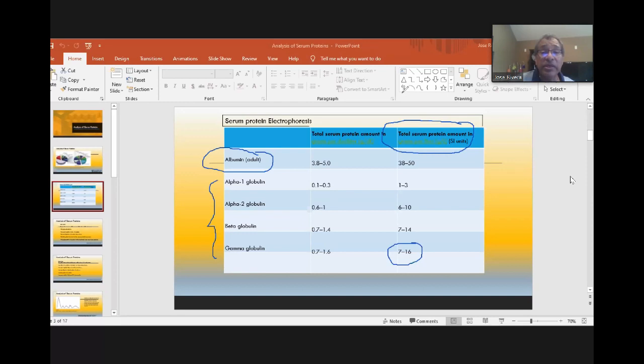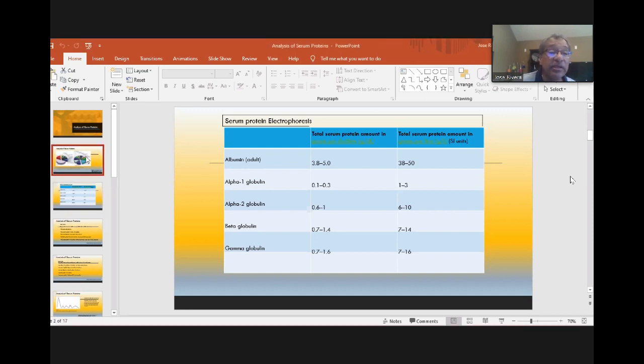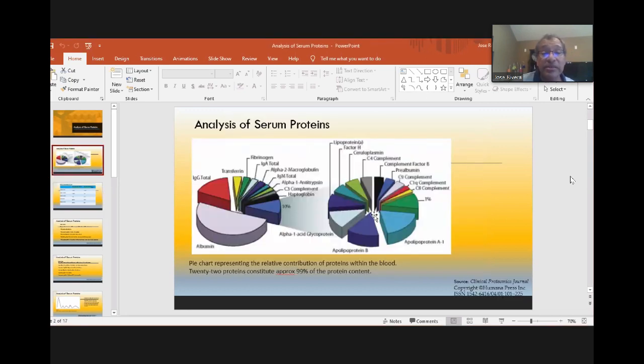And so if you look at the distribution in terms of percent, what you see is if you put them all in a chart, like a pie chart, albumin takes almost half of the space or the concentration of these proteins. And then you have IgG, which is very abundant.